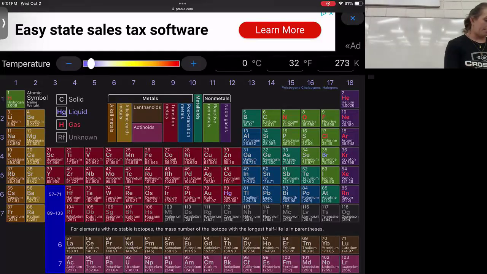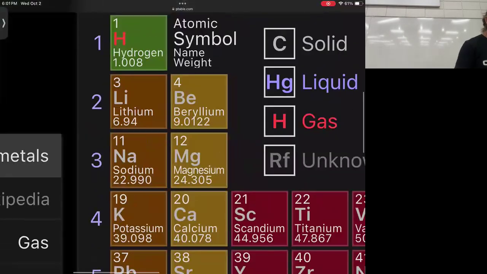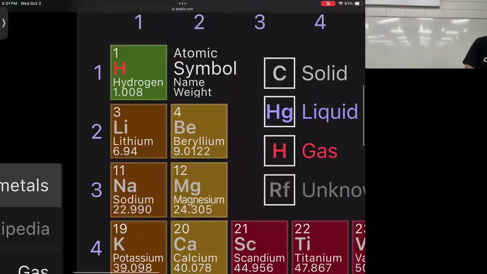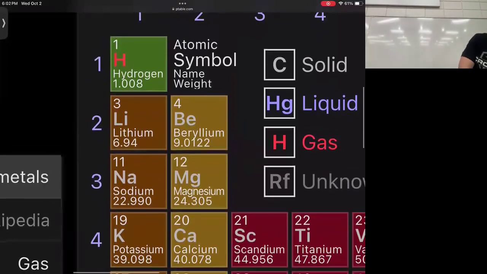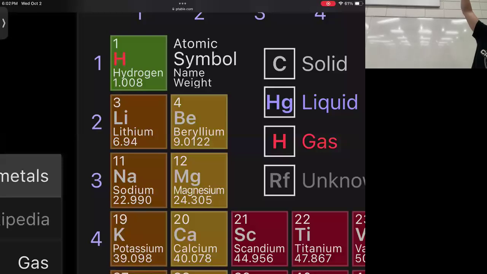If we look at these numbers here, 1, 2, 3, 4, what do you think that correlates to? The ones going down: 1 hydrogen, 2 lithium, 3 sodium. Those are going to be the energy levels.